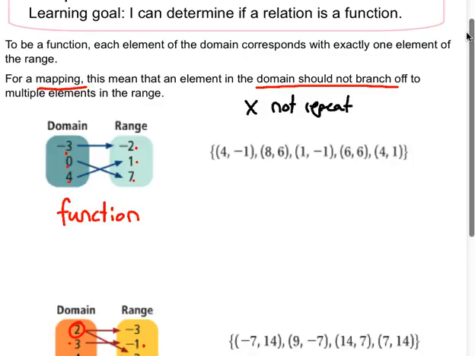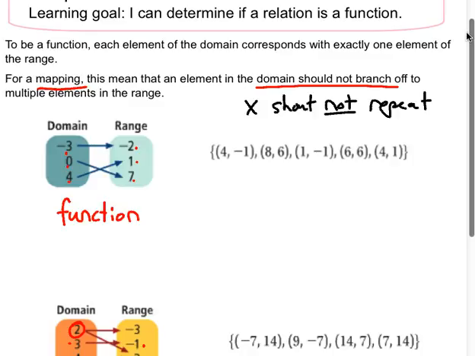Actually, maybe I'll say X should not repeat, so it's a good phrase. X should not repeat itself if you're looking at a list of ordered pairs. Because if X repeats, it means that X value is being used for multiple Y values, okay? And again, that would make it fall apart.